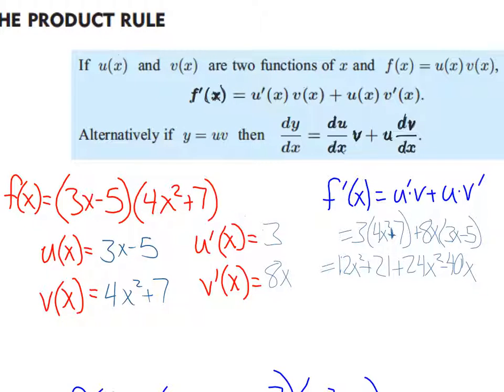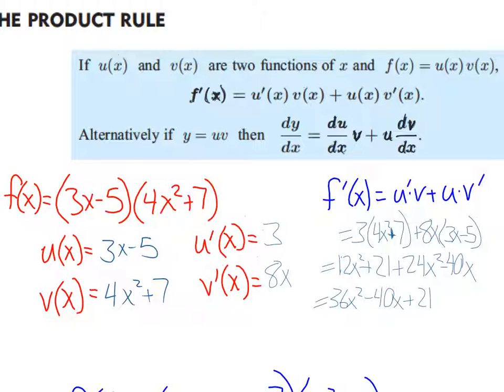And you'll notice here 12x squared plus 24x squared is 36x squared, minus 40x plus 21. And that is exactly the same thing that we got after we FOILed it and then took the derivative.